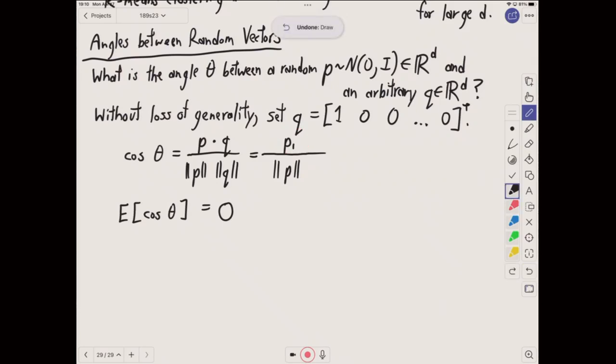And the standard deviation of cos theta, well, this is approximate, but the standard deviation of the top, P1, is just 1. And as we have seen, the standard deviation of the length of P is approximately, not exactly, root d.